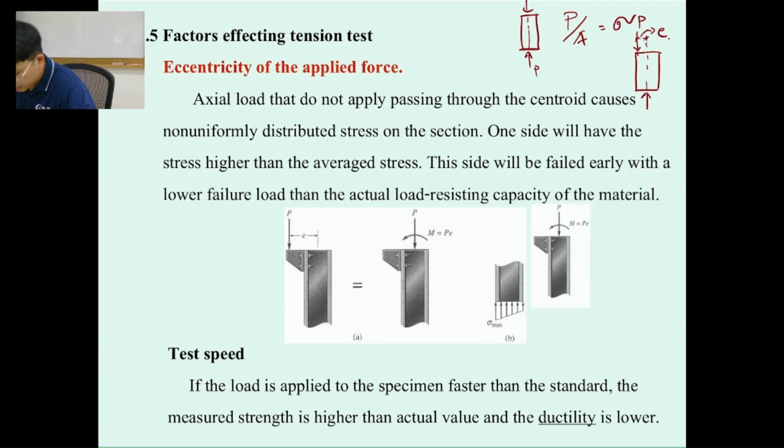For example, if it's normal, there's no moment occurring here, and the reaction force at the bottom of the steel over here is going to be uniform.